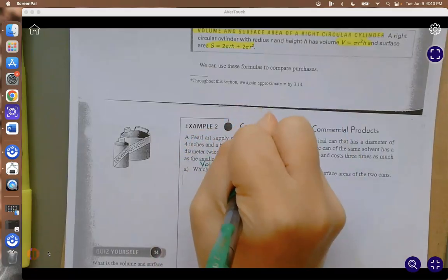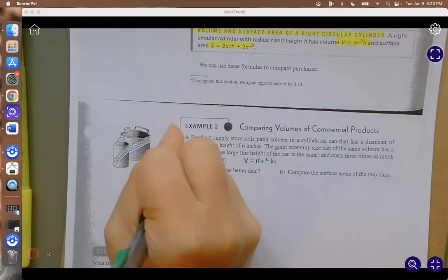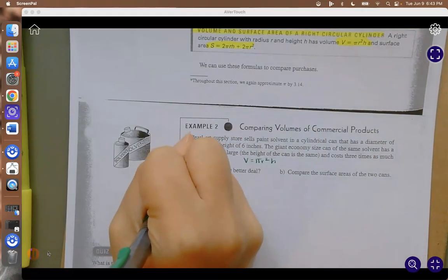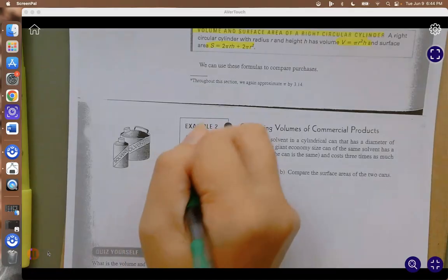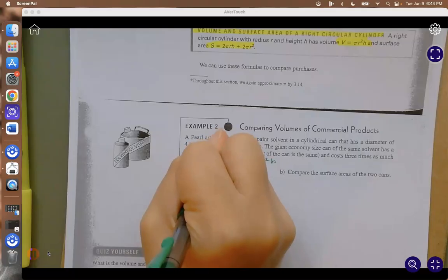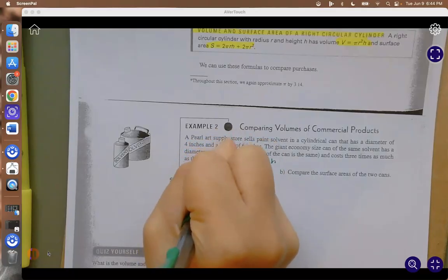Okay, volume is pi r squared h. So let's go small can first. The small can has a diameter of 4 inches and a height of 6.